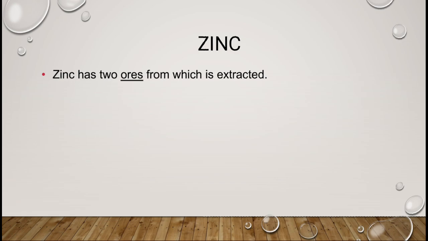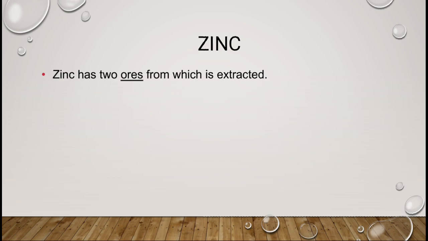Zinc blende, right? So zinc blende is the chief ore of zinc. What do I mean? If you want to extract zinc metal, it is mostly found in the ore known as what?